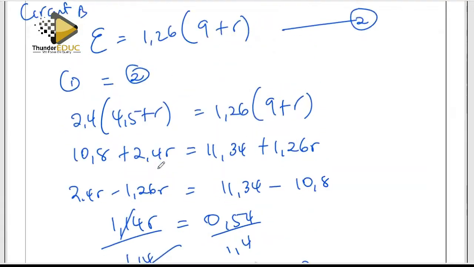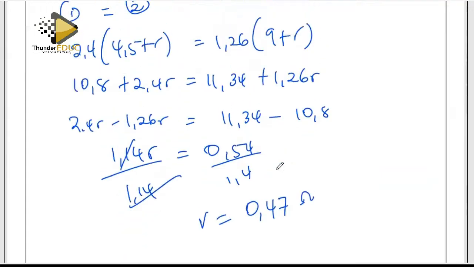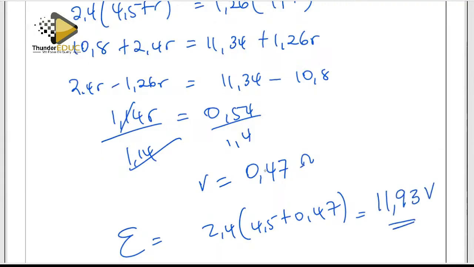Then for me to get the EMF, I can just replace it into one of the equations. So it will be 2.4 multiplied by 4.5 plus 0.47, which gives us 11.93 volts.